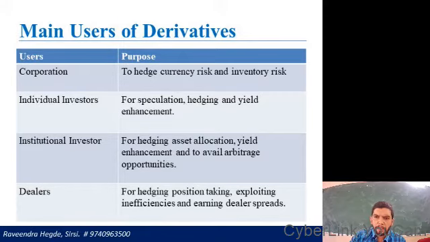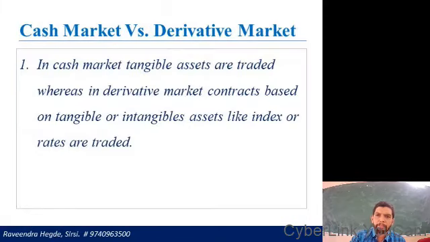Next, let us talk about the difference between the cash market and the derivative market. In cash market, tangible assets are traded, whereas in derivative market, contracts based on tangible or intangible assets like index or rates are traded.